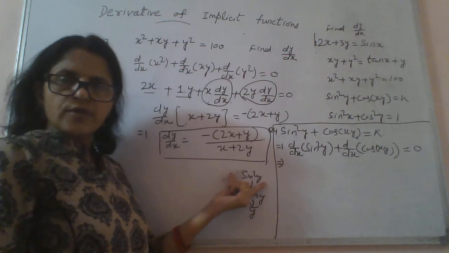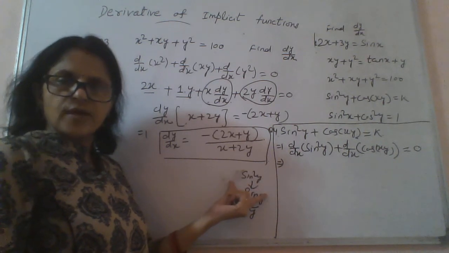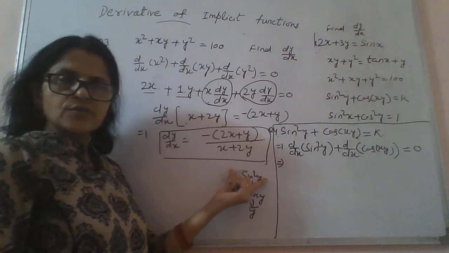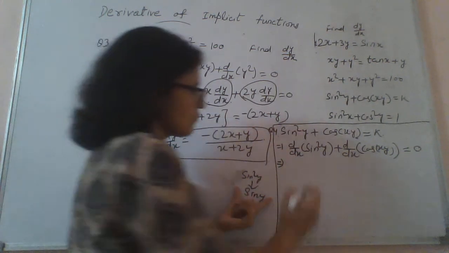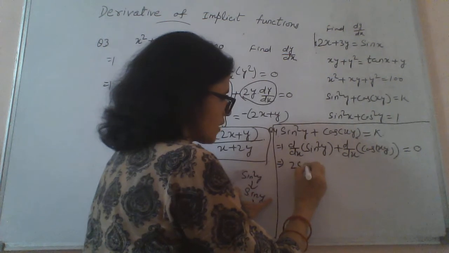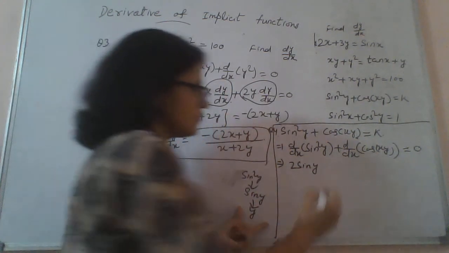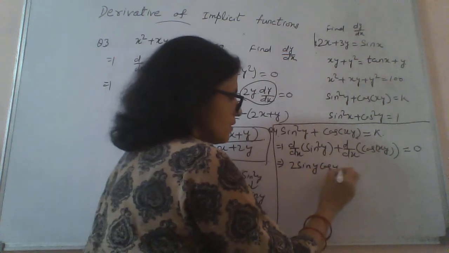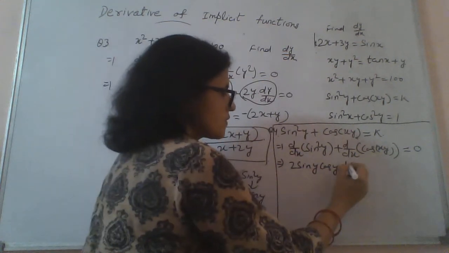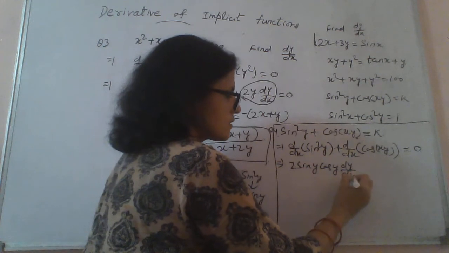Derivative of x square with respect to x is 2x. Derivative of sin square y with respect to sin y will be 2 sin y. Sin y with respect to y is cos y. Y with respect to x is dy by dx.